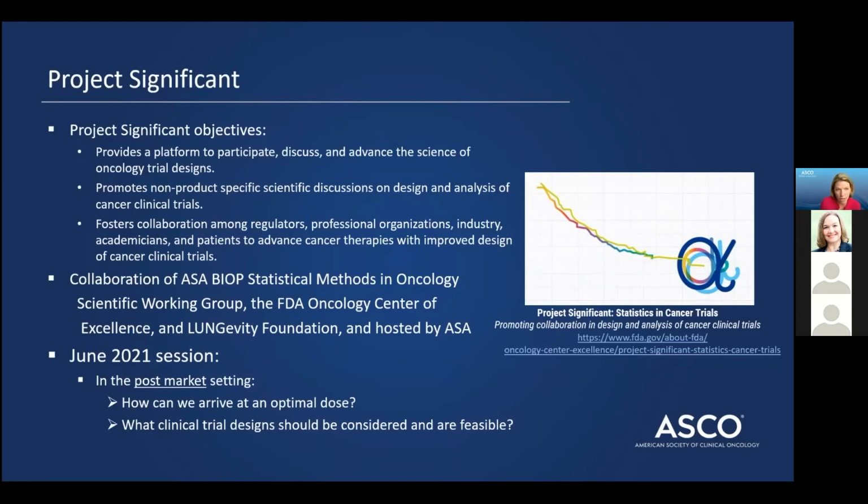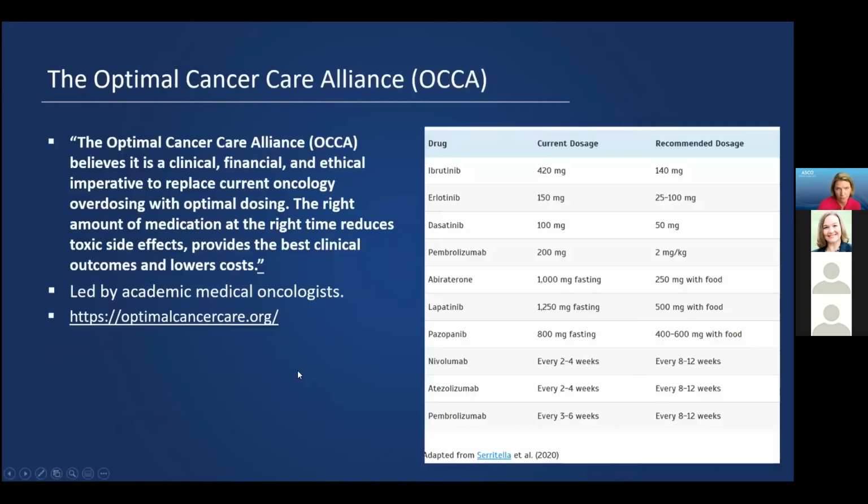In our July 2021 session, we talked specifically about dose optimization and how we can find optimal doses for drugs that have already been approved for cancer. Is it appropriate to do clinical trials in that stage, and how could we do them?